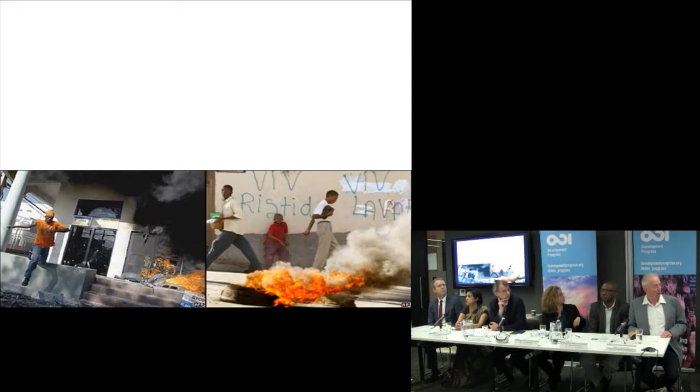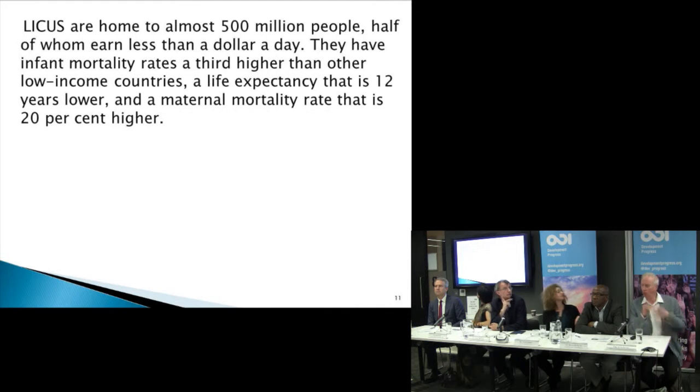But of course there are still problems that are not fully addressed. One of them is the low-income countries under stress, or whatever you want to call them, fragile states have been given different names. They're home to half a billion people, and many of the problems still exist there. We've heard about some countries which might have been classified as LICUS countries or are emerging from that stage in their development.